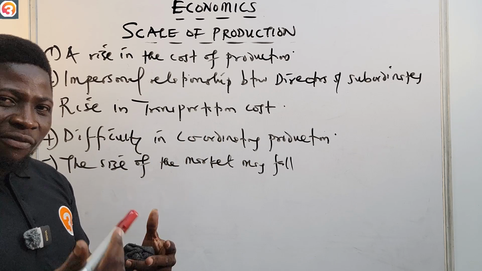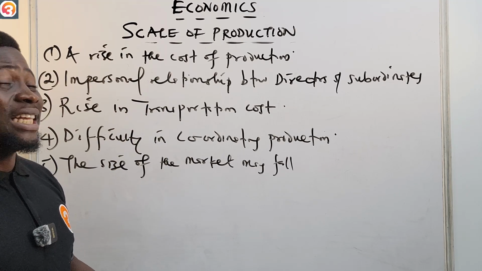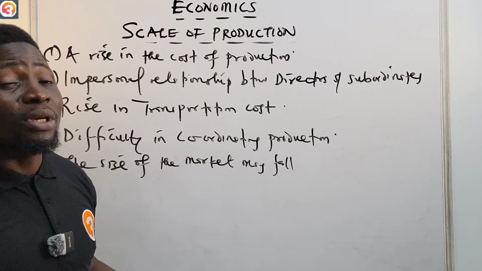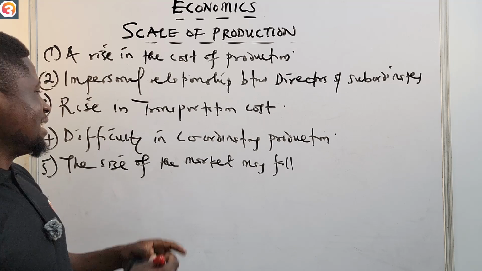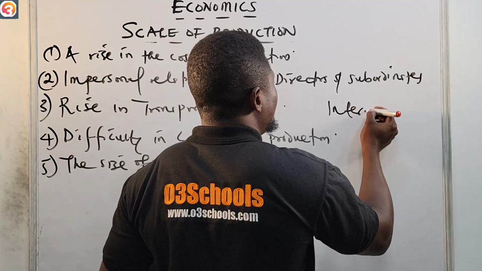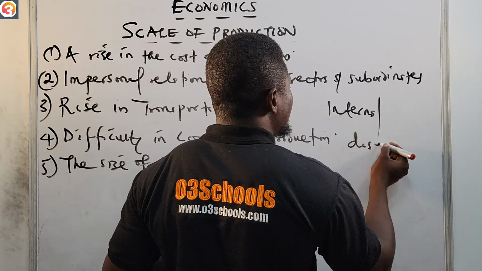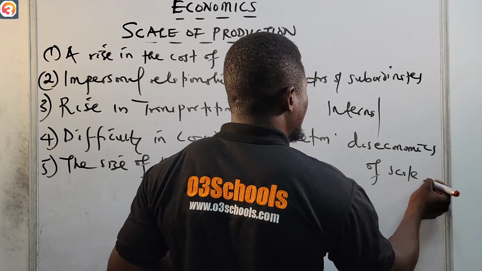So when demand falls for defense product, the products that they have all produced will be wasted, because nobody is buying them, nobody is demanding them. So these are disadvantages that we call, please take note, internal diseconomies of scale.